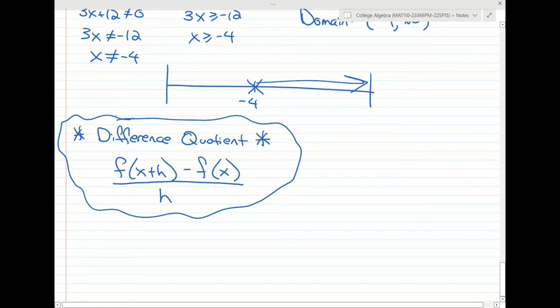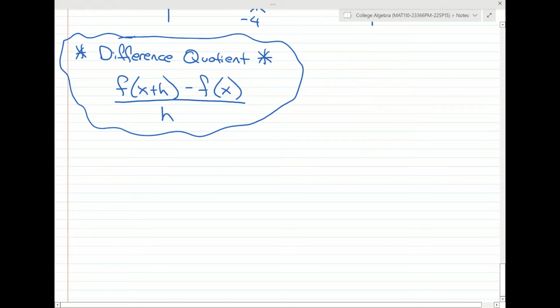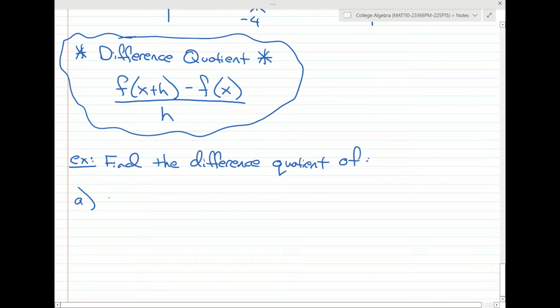So you're actually finding 3 composite functions and then simplifying. It's not a hard thing to do. Let me show you with an example. Let's say I ask you to find the difference quotient of 2 problems. First problem, let's say f of x is equal to 3x minus 2.